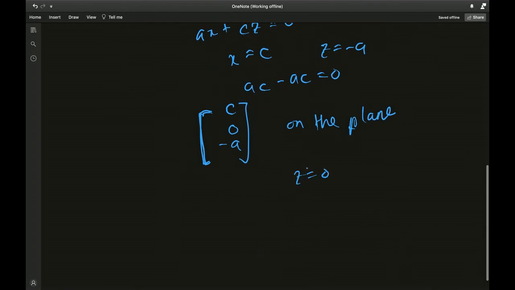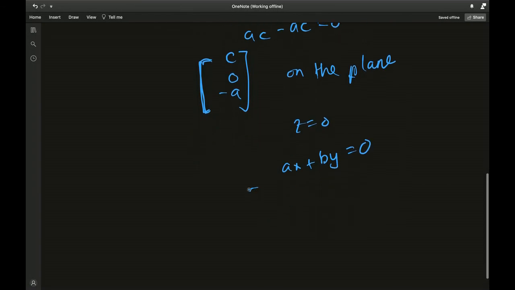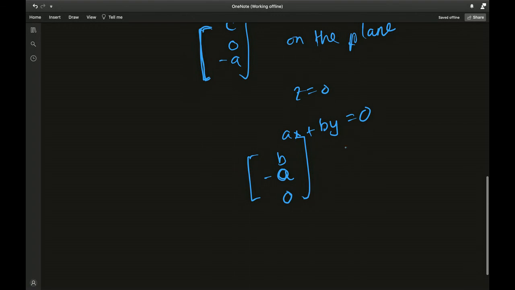If we let z equals 0, our equation just becomes ax plus by is equal to 0. Now we can take x to be b and y to be negative a, and z is 0 according to our condition. And again, this satisfies the equation and is on the plane.